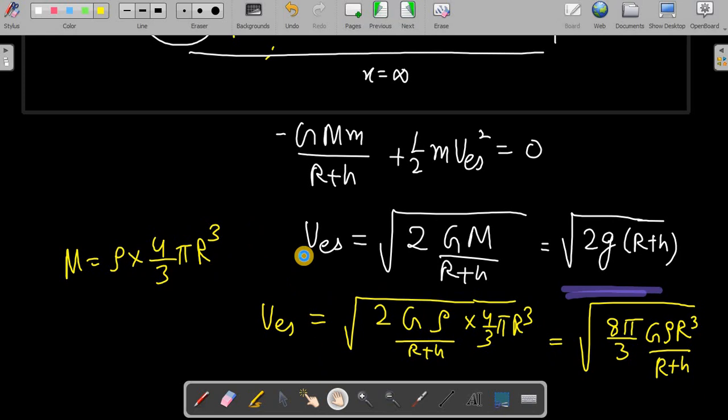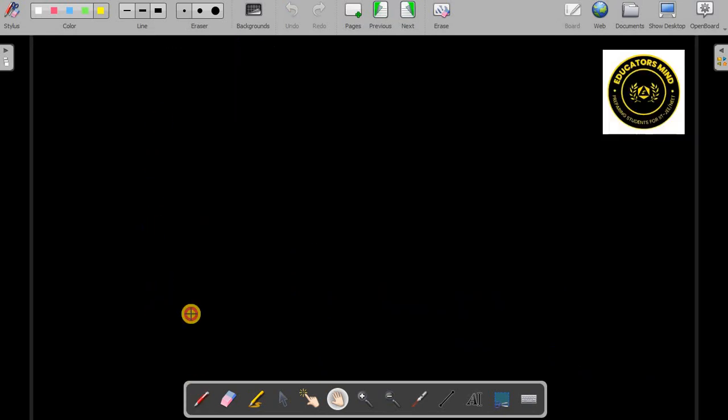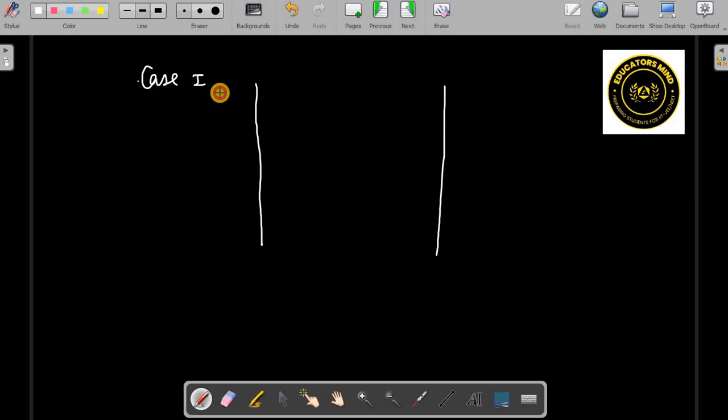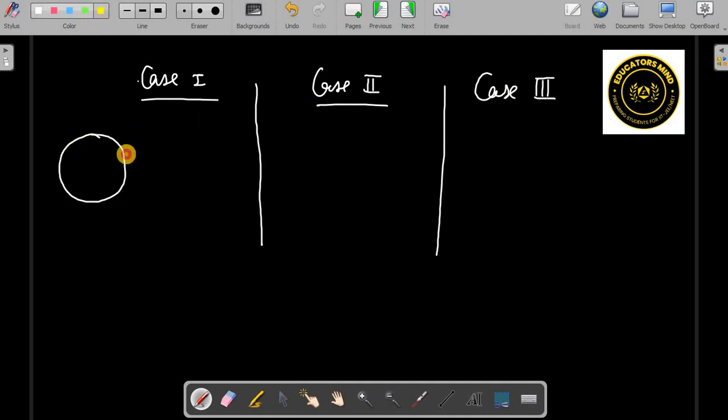Now we can consider some cases when you are throwing a body from the surface of Earth. We can take 3 cases. Case 1: you project a body of mass m with a velocity less than escape speed.